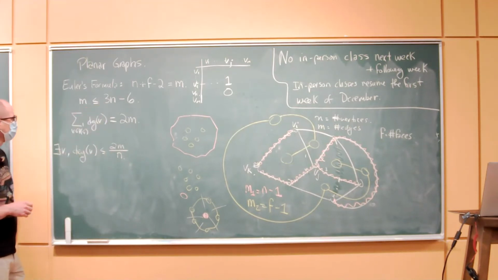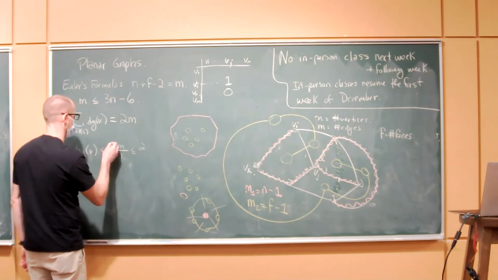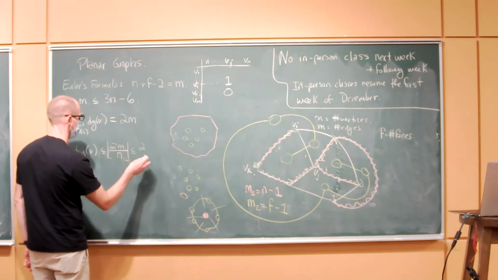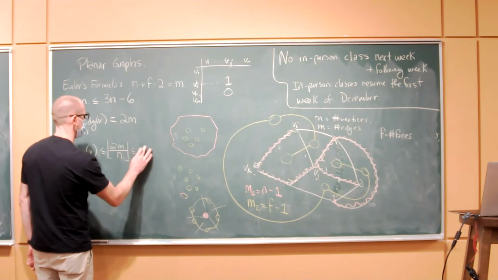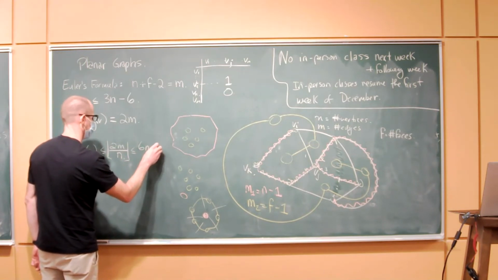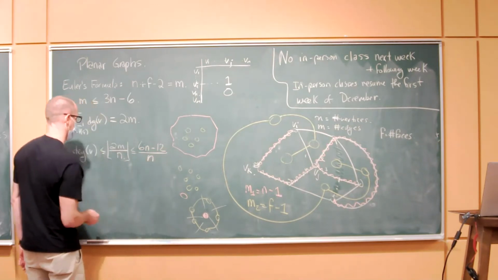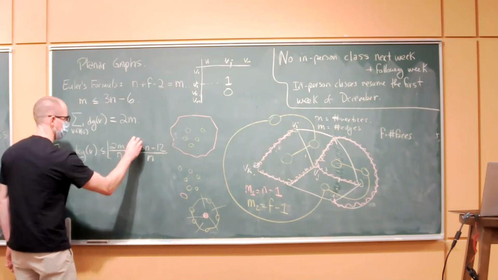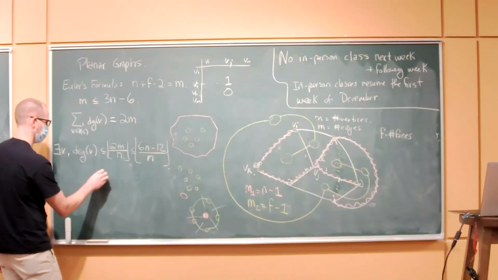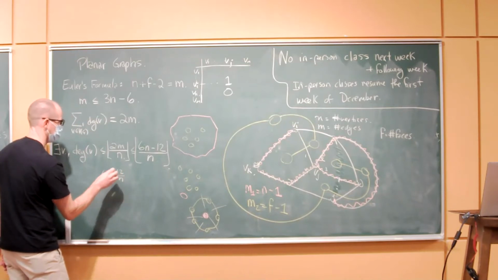M is less than or equal to 3n minus 6, so this is, in fact, the floor of that. So what is that? That is (6n minus 12) divided by n, which is equal to 6 minus 12 divided by n.